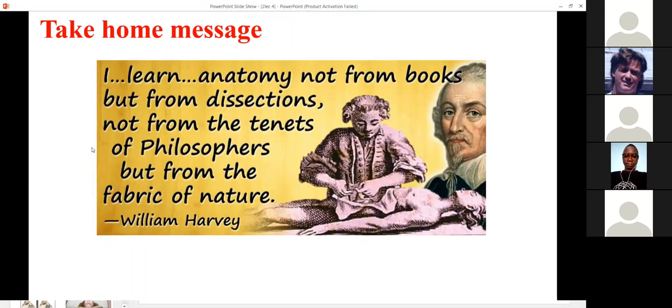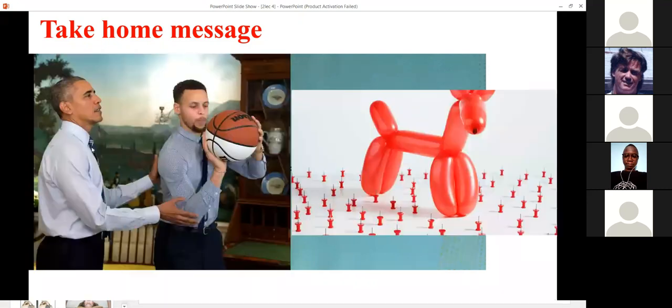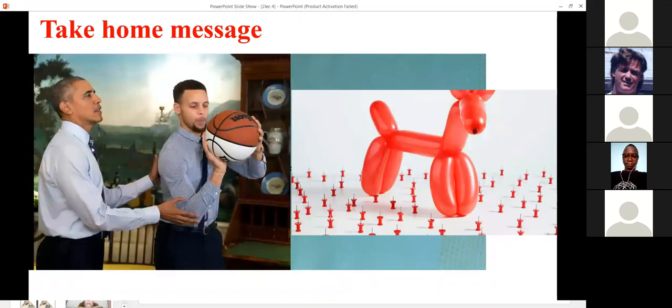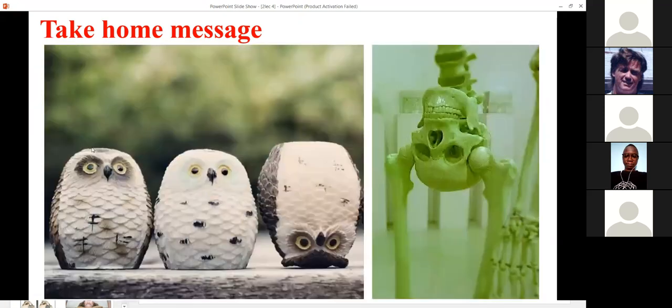And as always, take home messages. The first message is fixed: that I learn anatomy not from books but from the sections, not from the trends of philosophers, but from the fabric of nature. This is the talk of William Harvey and Hunter's equation: surgery equals anatomy plus hemostasis. Always you need a guide, or a mentor actually, and the best class or the best course to learn anatomy is the real surgery.